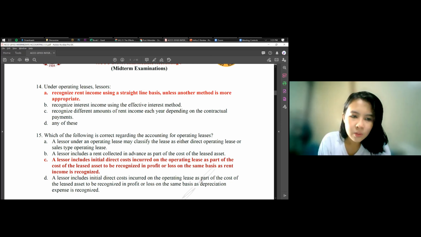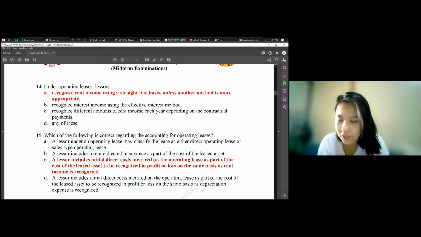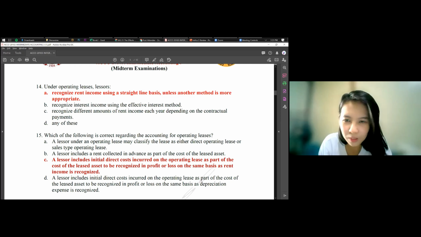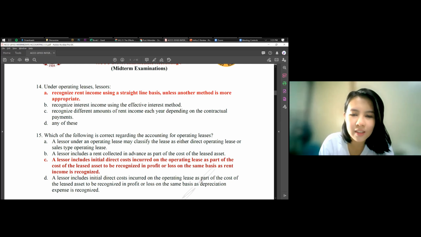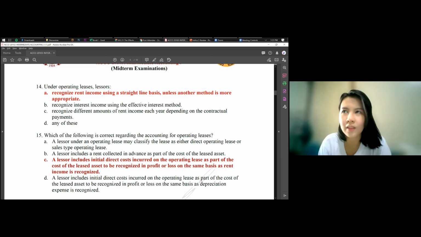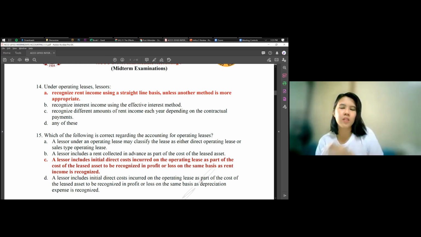Okay, so a lessor includes initial direct costs incurred in the operating lease as part of the cost of the leased asset to be recognized in profit or loss on the same basis as depreciation expense recognized. So, if you are answering this, probably you will only be confused between C or D, but definitely there's no reason to be confused, because based on what we discussed earlier, associated cause and effect, what we match is the revenue versus expense matching.